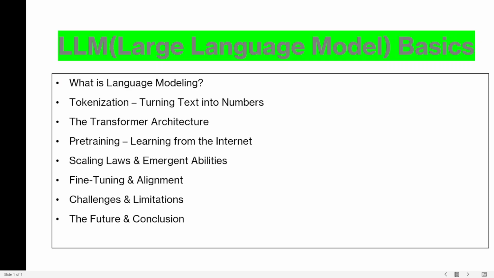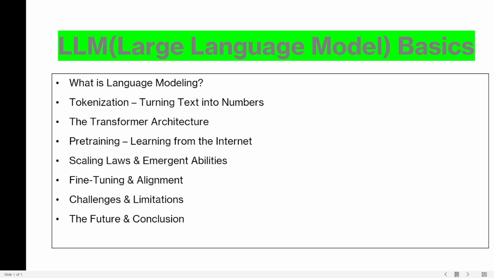Tokenization: turning text into numbers. Neural networks don't understand words, they understand numbers. So the first step in any LLM is converting text into numbers through a process called tokenization. A token is a chunk of text. It might be a whole word, part of a word, or even a single character. Modern LLMs typically use subword tokenization, where common words are single tokens and rarer words are broken into pieces.